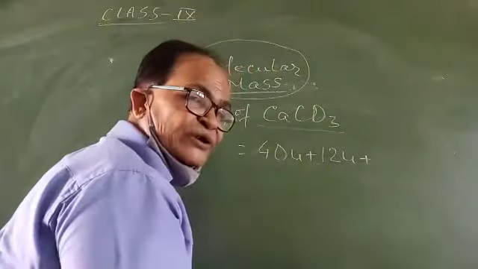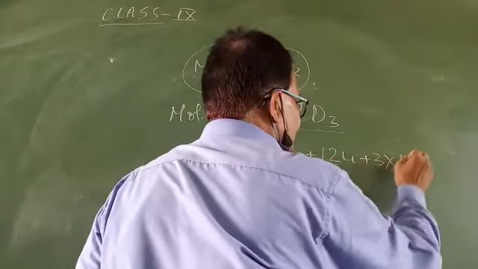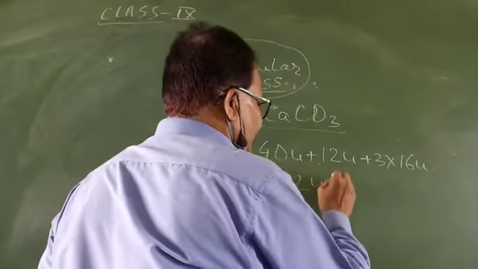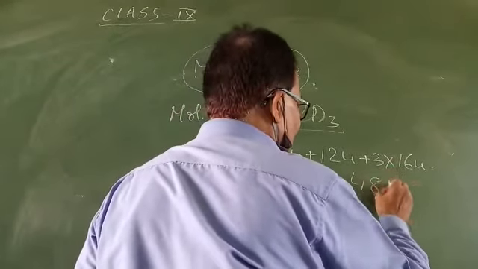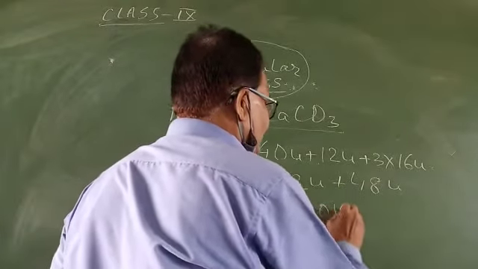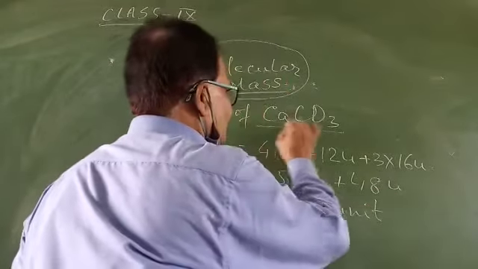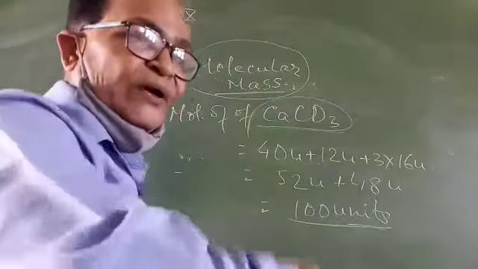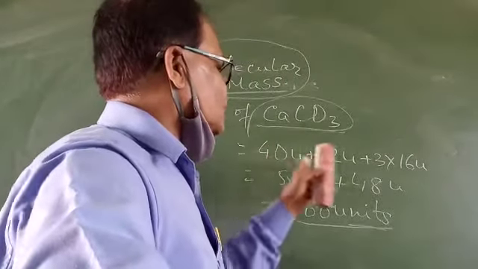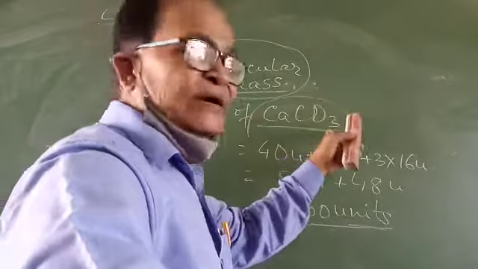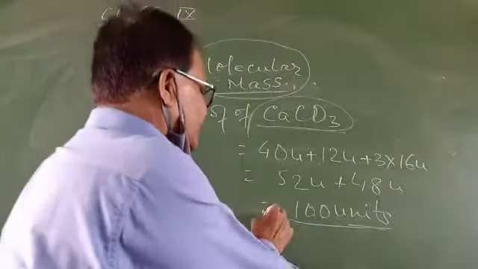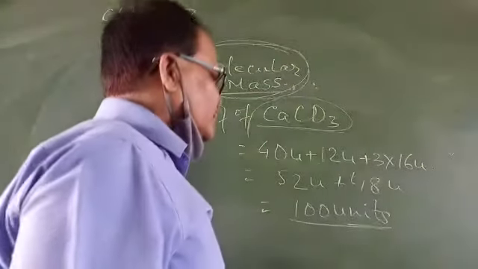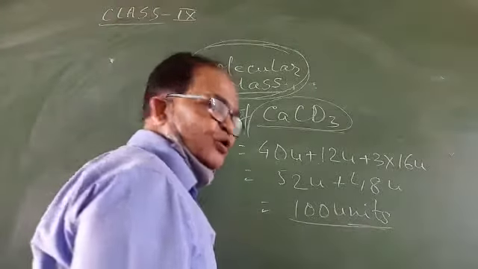Here 3 atoms of oxygen are present, so 3 into 16 units. On adding, 52 units plus 48 units, it means 100 units. The molecular mass of calcium carbonate is 100 units. In this way, by adding the atomic masses of the constituent atoms, we can calculate the molecular mass of one molecule of a chemical substance.